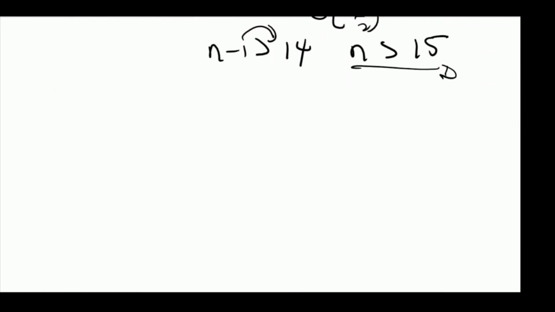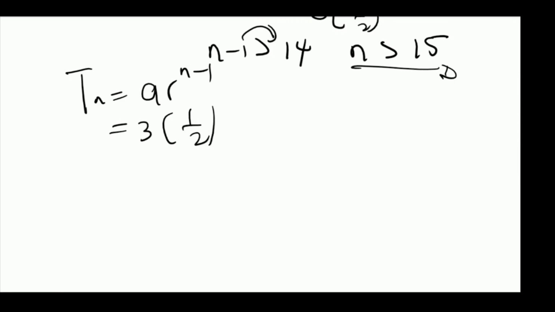Why am I saying that? If you have your Tn equals to ar to the power n minus 1, which we found to be 3 into 1 over 2 to the power n minus 1, but the question says that we must find the value of n when Tn is actually greater than 3 over 16384.